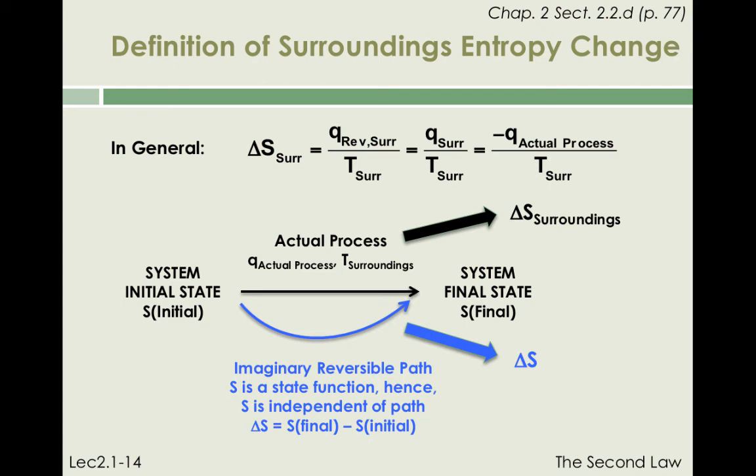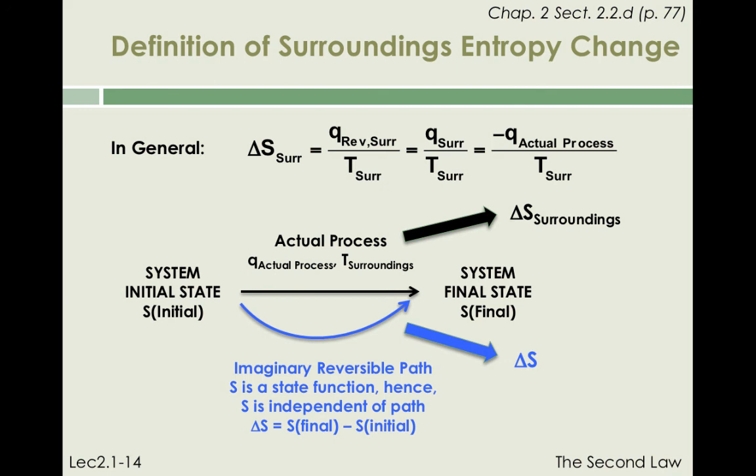We learned in chapter 1 that energy is neither created nor destroyed. What this really means is that the heat that enters the system comes from the surroundings and vice versa. Practically speaking, Q surroundings equals minus Q system. So to calculate the change in entropy of the surroundings, we simply divide minus the heat associated with the actual process for the system by the absolute temperature of the surroundings.